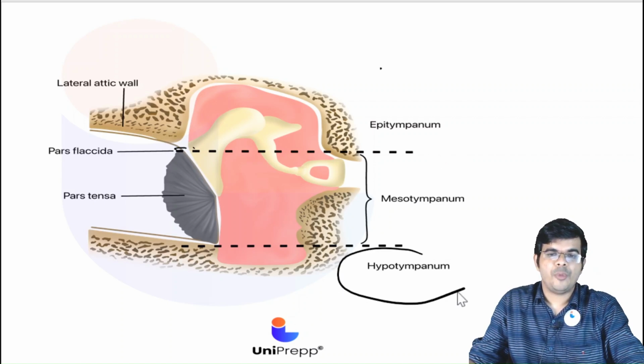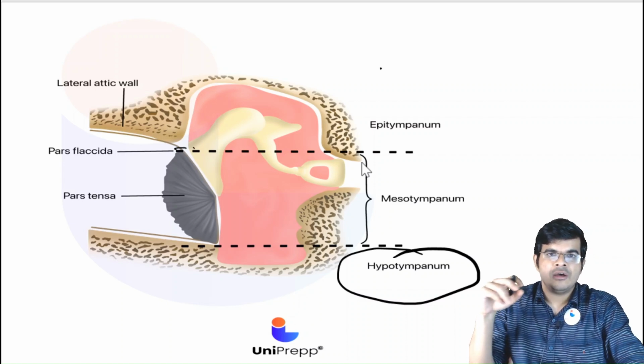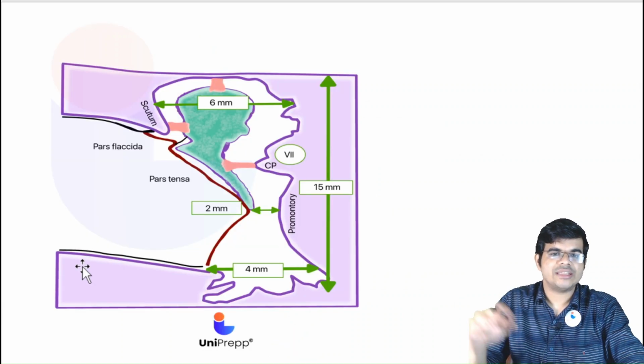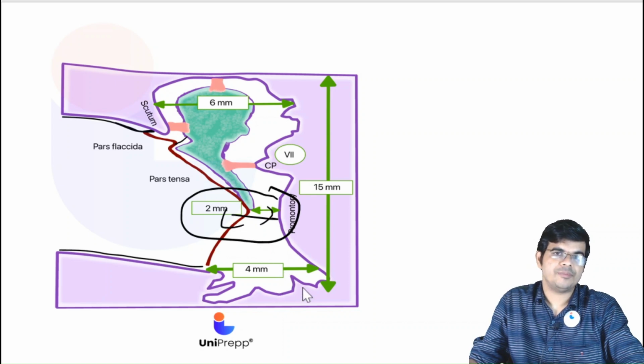Now from this picture itself you might get it clear which is the largest part of the middle ear cavity, right? You might think this is the mesotympanum. No, that is not the answer. Actually, it is the epitympanum, which is the largest part of the middle ear cavity. You have to look at this picture. Here the diameter is only 2 millimeter, so it has the shortest diameter.